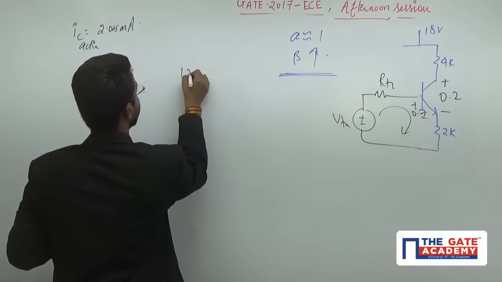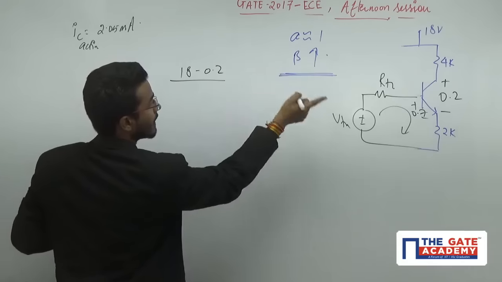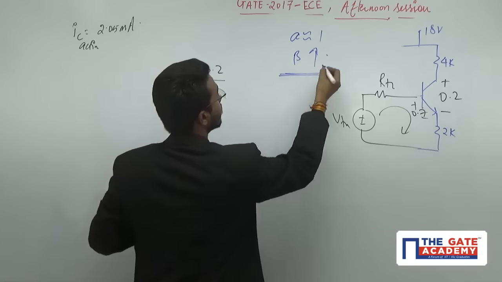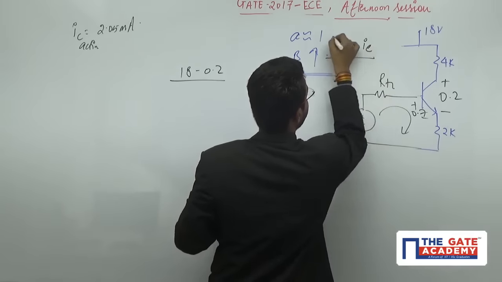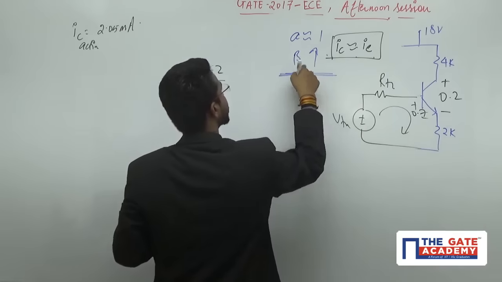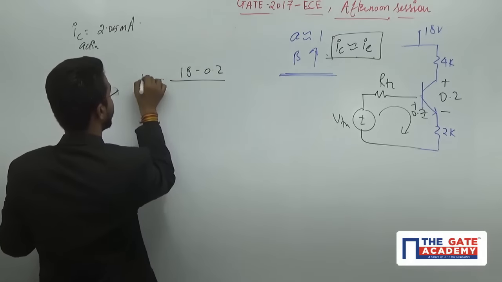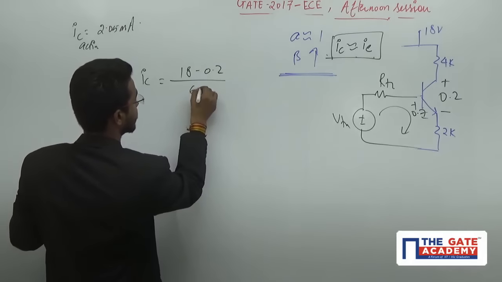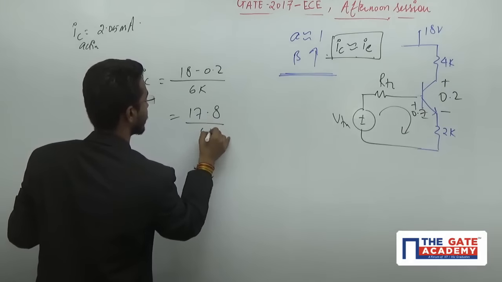That means 18 minus 0.2 divided by 4 plus 2. One more thing, IC is about equal to IE, we have this freedom because of the given data. So IC is given by 17.8 divided by 6K.